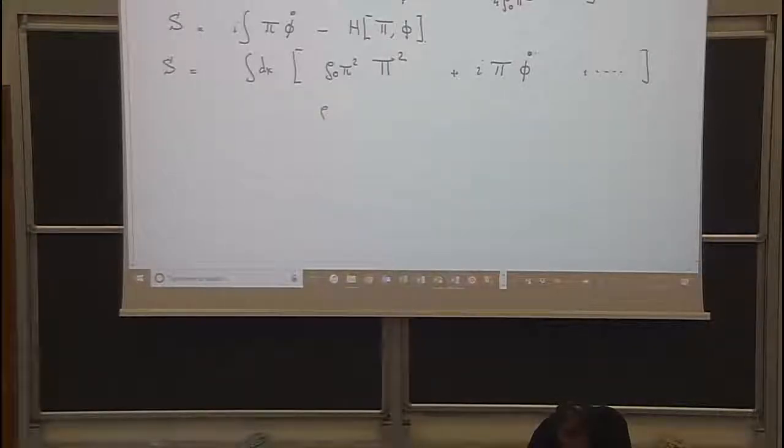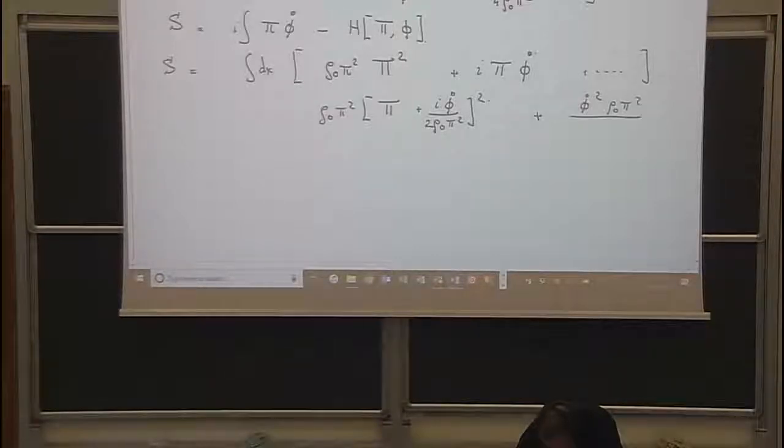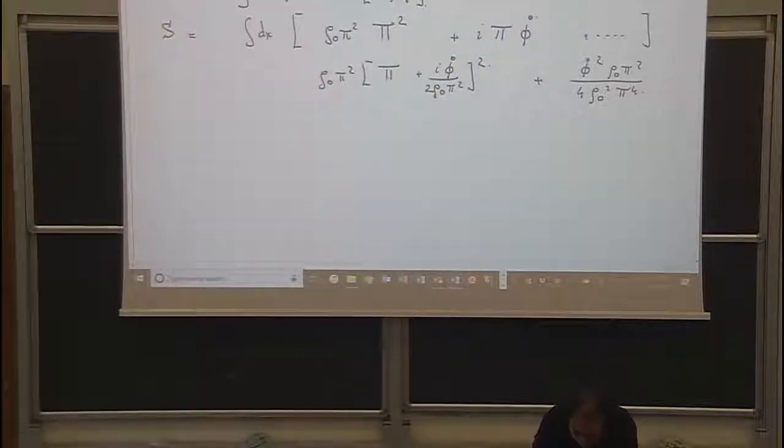So this is rho 0 pi square times pi plus I phi dot divided by rho 0 pi square, and I have probably a factor of 2 here. And then if I do this, I have to add a term, which is phi dot square, and then I would get rho 0 pi square, and in the denominator, I would get 4 rho 0 square pi to the 4. So I can trace out the terms.